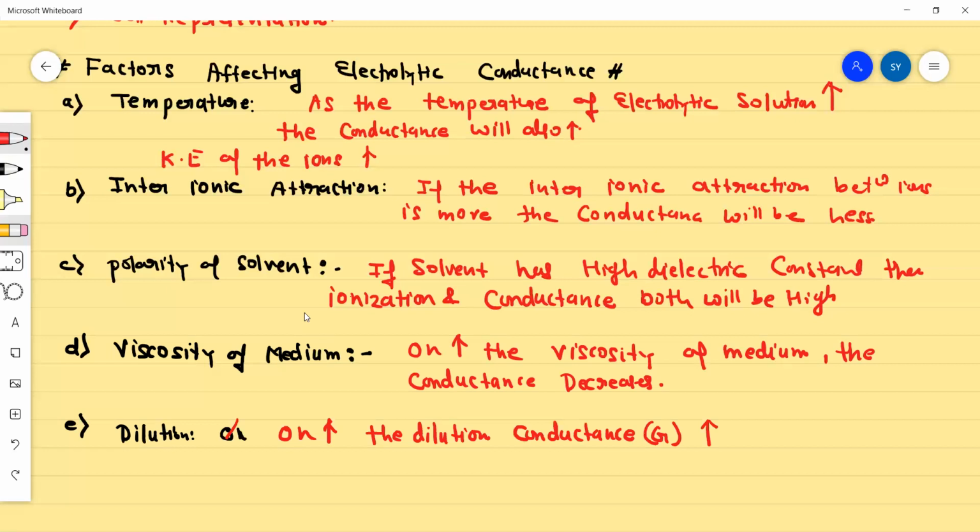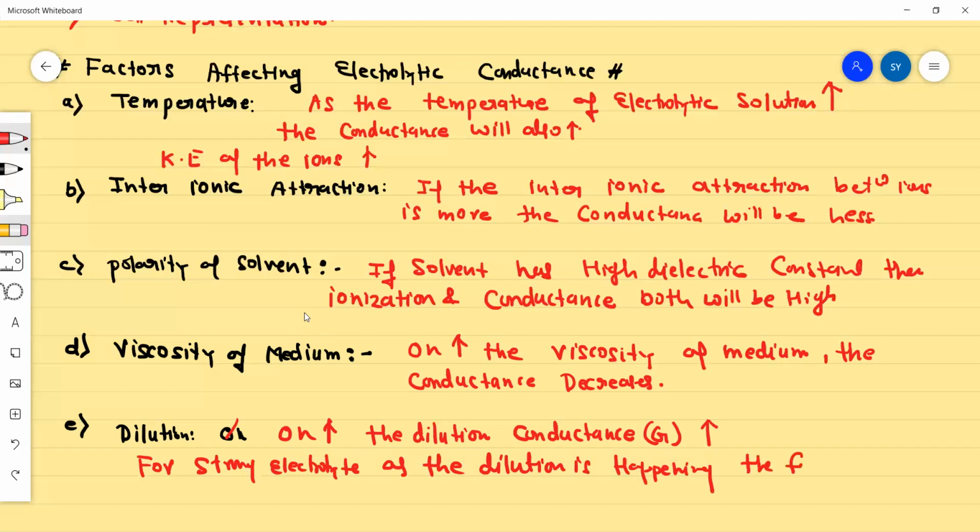For a strong electrolyte, as the dilution happens, the force of attraction decreases, therefore the conductance increases.